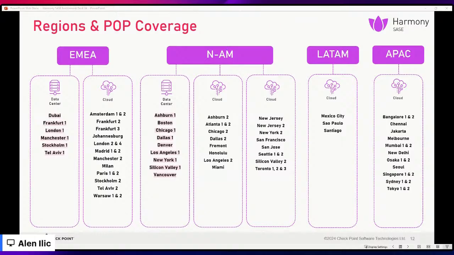We don't incur that much of a cost with managing all those connections via gateways that we have in our data centers and in the cloud. So those charges we do not have.